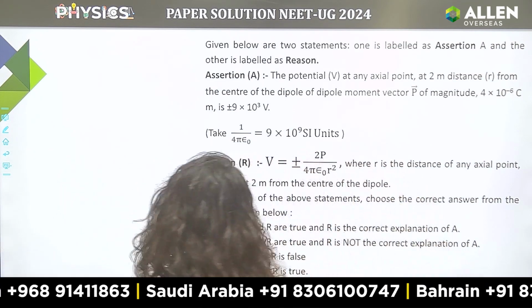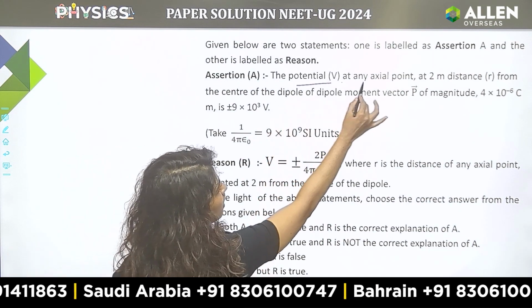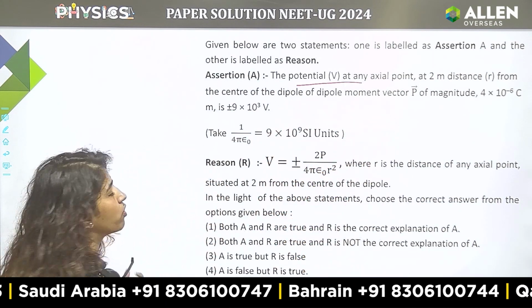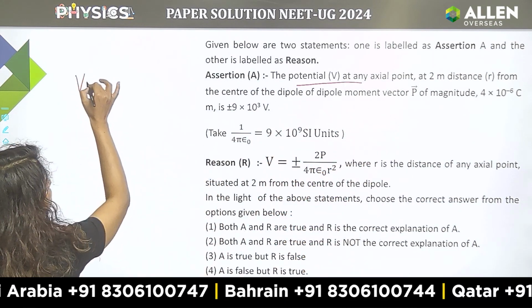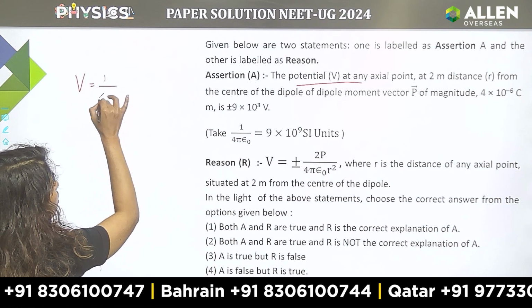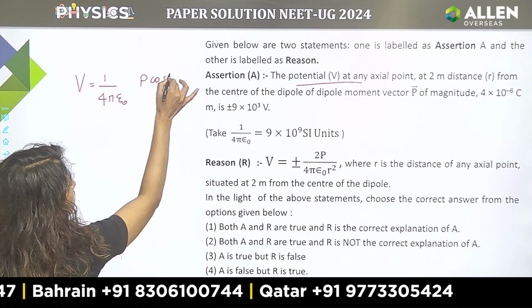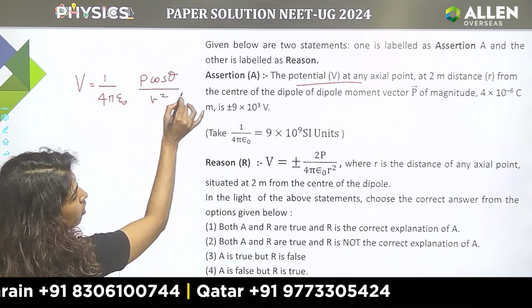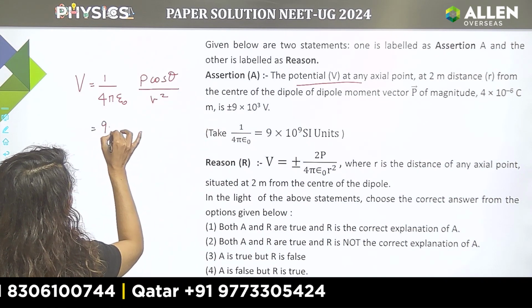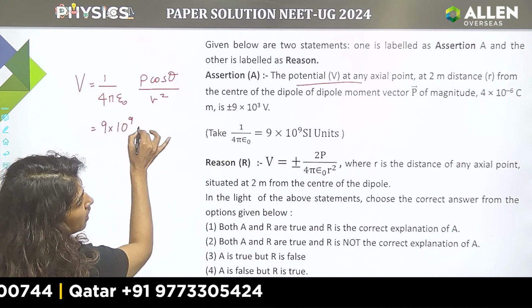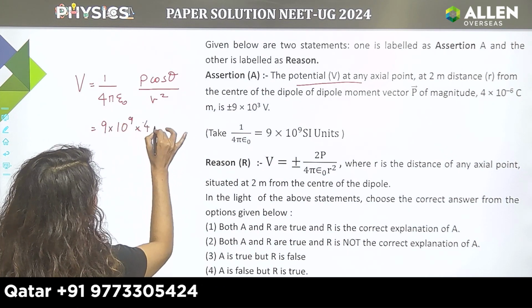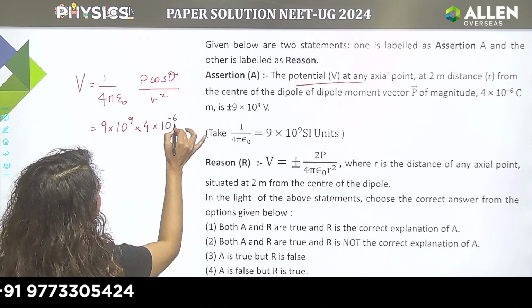Assertion reasoning. The question here says potential at an axial point due to dipole. So we know for a dipole at an axial point, the formula is 1 upon 4 pi epsilon naught, p cos theta upon r square. So in this question, this is 9 into 10 raised to 9. P is given as 4 into 10 raised to minus 6, cos theta.